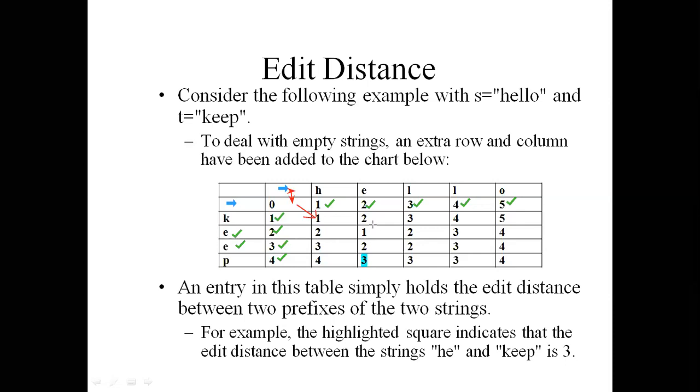Another is insert E, another operation. So two operations are needed. The same thing you will get by considering the minimum of 2, 1, 1. Minimum is 1. So 1 plus 1, that is 2.